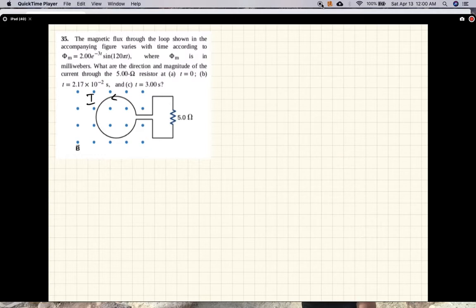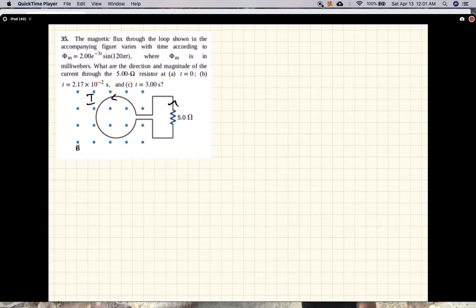So this is the direction of the current according to Lenz's law. The current in the resistor will be in that direction. So we found the direction of the current, and we have to find the magnitude.